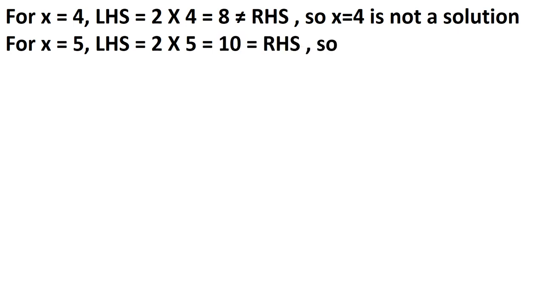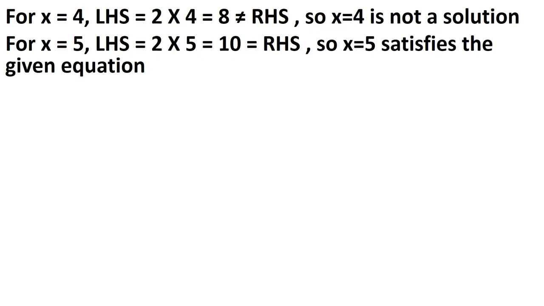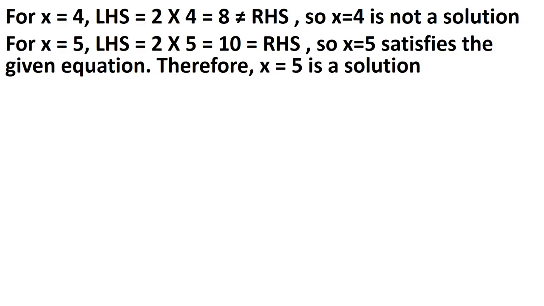And this is equal to the right hand side. So, x equal to 5 satisfies the given equation. Therefore, x equal to 5 is a solution of 2x equal to 10, because x equal to 5 makes left hand side and right hand side equal.